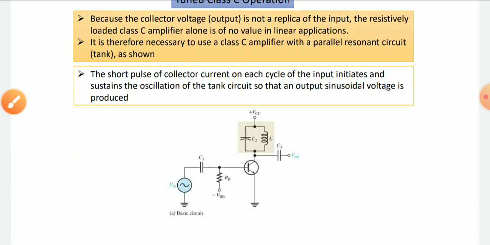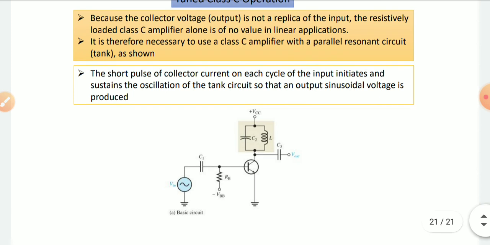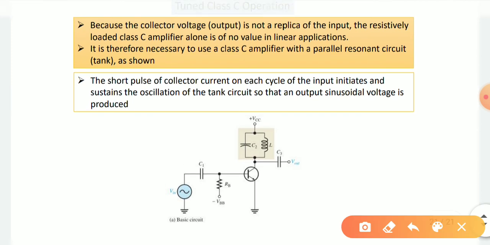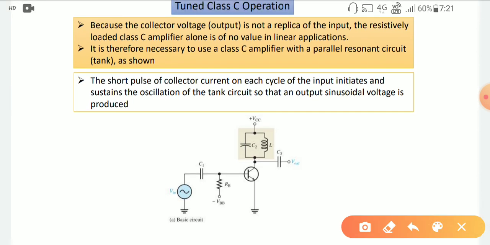So ultimately the short pulse of collector current on each cycle of the input initiates and sustains the oscillation of the tank circuit, so that an output sinusoidal voltage is produced.